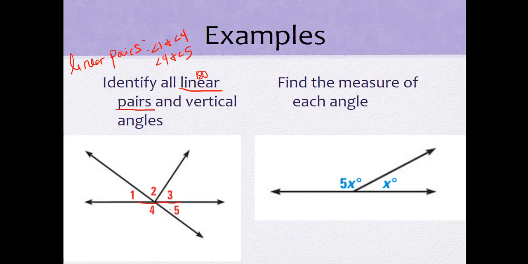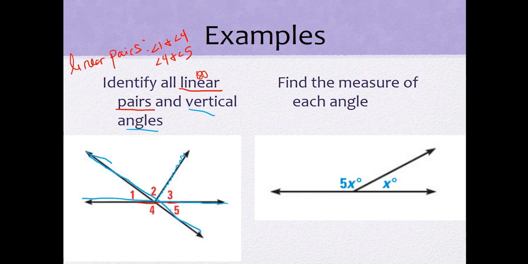Now the other part says identify vertical angles. Again, vertical angles, if we have an X shape, are right across from each other. I'm not going to worry about this one because that one doesn't go all the way through. I'm going to worry about these two lines.